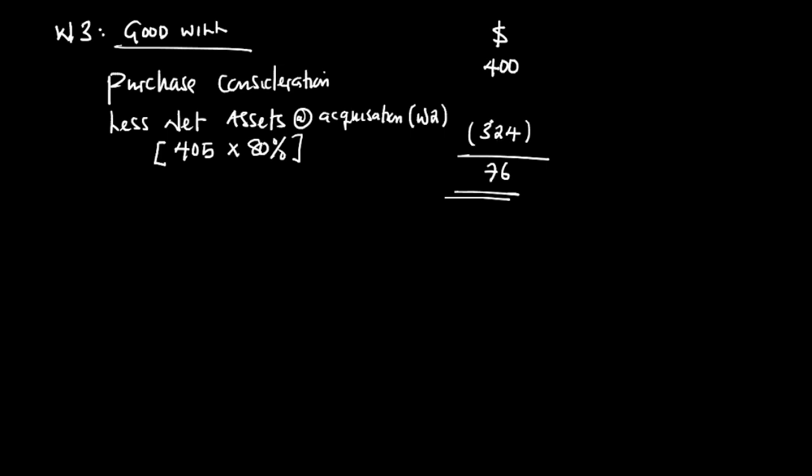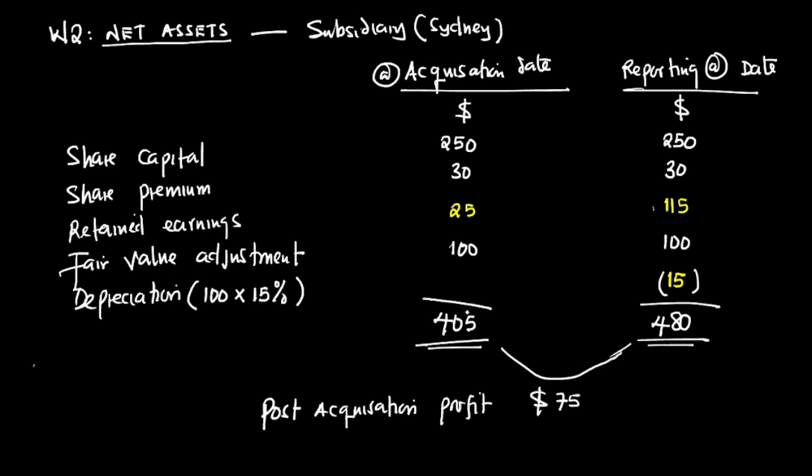So in this case, you paid $400,000, and remember your net assets. So let's go to working number 2. You see that is where that is coming from. So these were the net assets we had at the date the company was acquired. So please take note that goodwill is computed at the date the company is acquired. That's how it is calculated.